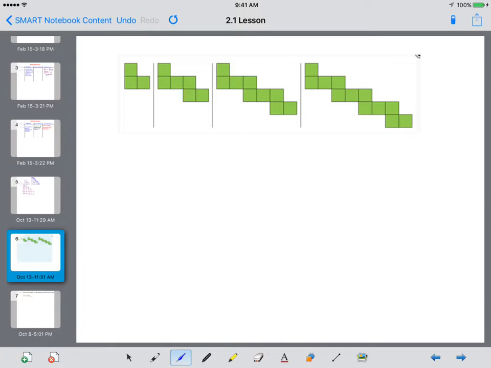So for example, this pattern, if you were asked what would the next shape be, well, I would copy this last shape, and what I see is an extra little shape would be added on. That would be the next one.